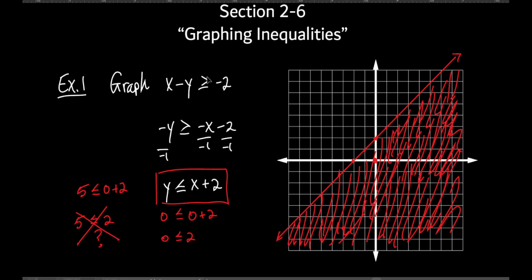I don't know if they can really consider it slope-intercept form because of the inequality, but we can think of it that way. I'm not going to do a point every single time just to see what works. I just know it's everything below the line that's shaded in. We good with that? All right, let's do another one. Two more.